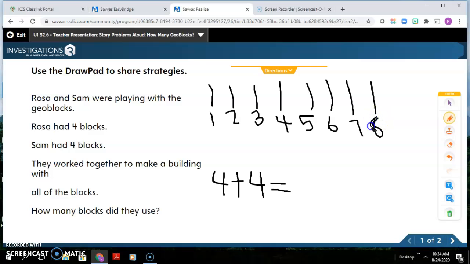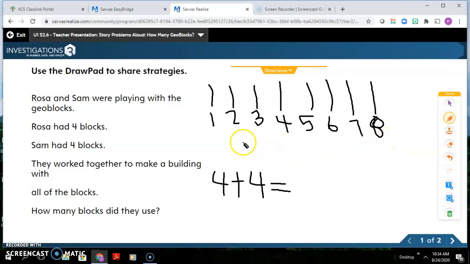See if I can make that 8 look a little bit better. So one strategy is called counting all, where we counted Rosa's blocks and we counted Sam's blocks, and that showed us how many blocks we had in all, which is 8.